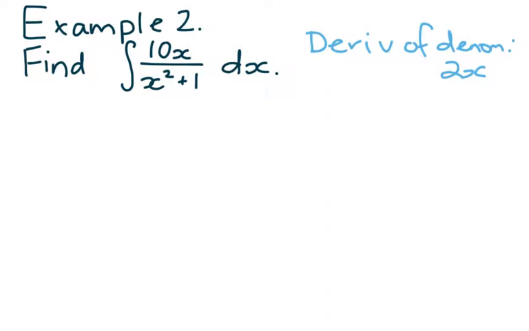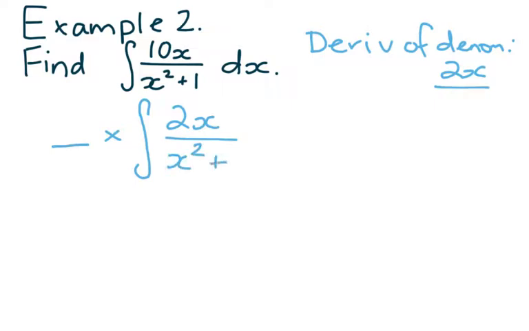So again, we need to multiply the integral by something, but I'm going to make the fraction now 2x, which is what our derivative is, over x squared plus 1 dx. And we again look at what we multiply 2x by to get it back to 10x. And that should be 5. So we put the 5 out the front.